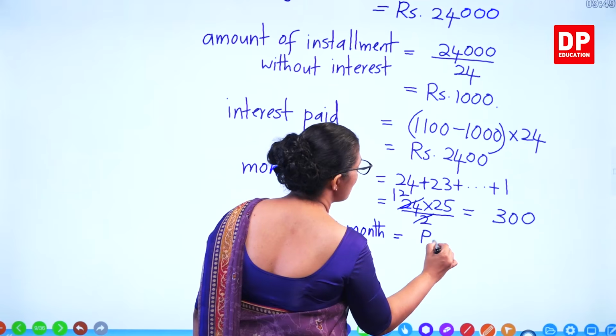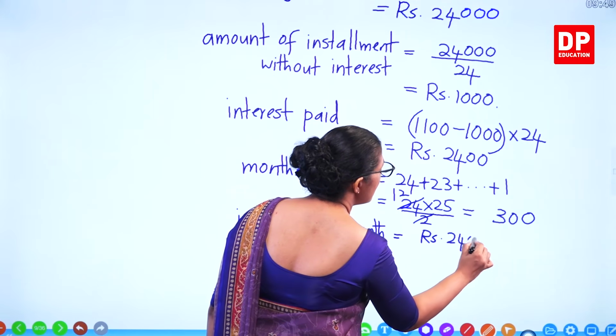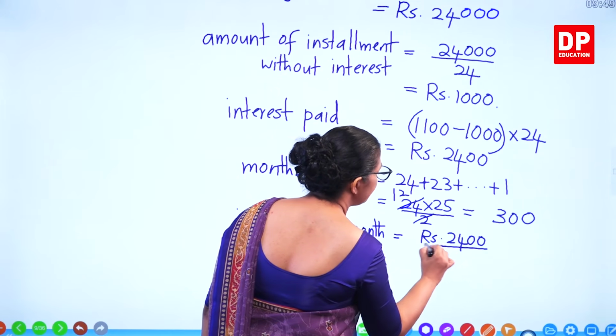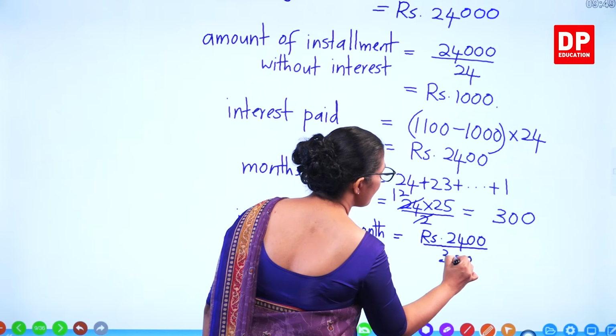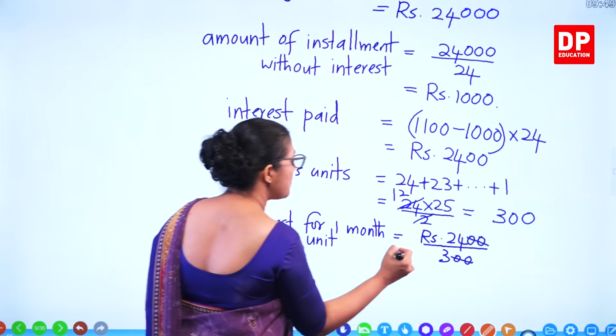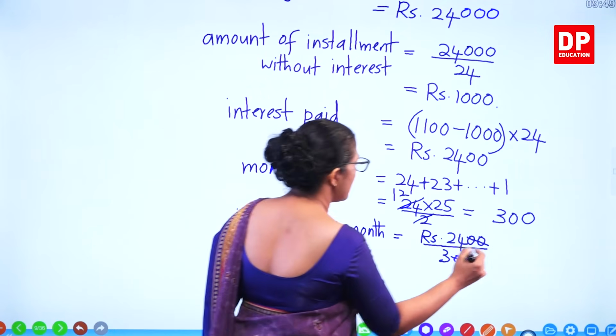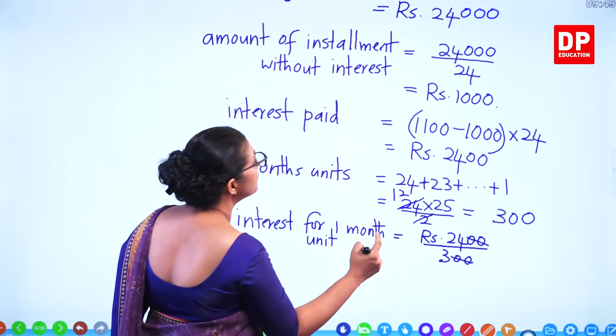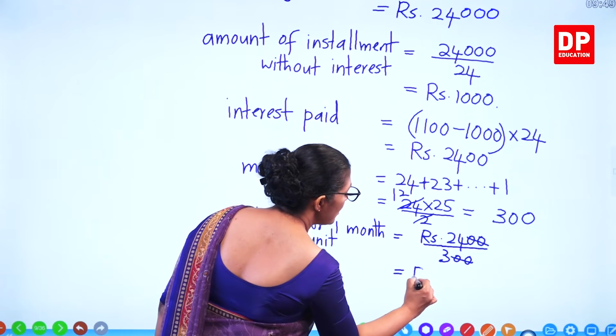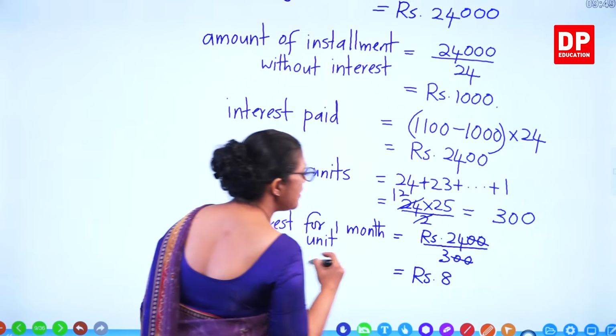So 2,400 divide by 300. 3 times 8. So 8 rupees. That's the interest.